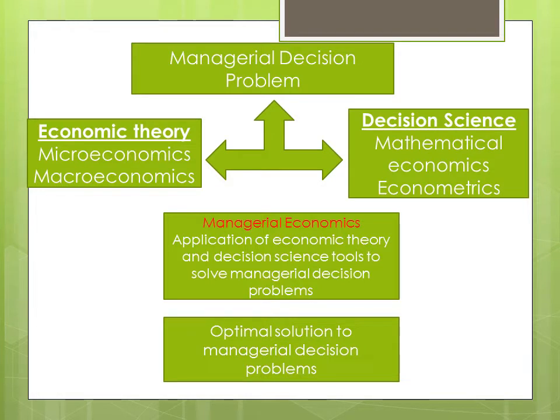So managerial economics is the application of economic theory and decision science, and in decision science a firm will use the tools of mathematical economics and econometrics to solve its problems. This is the optimal solution to a managerial decision problem.